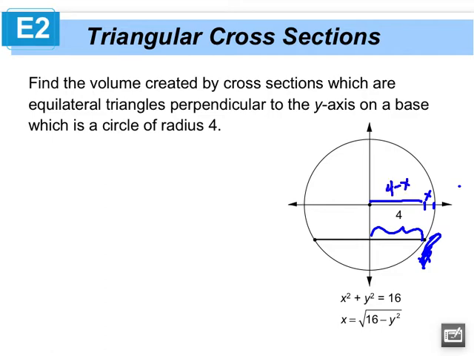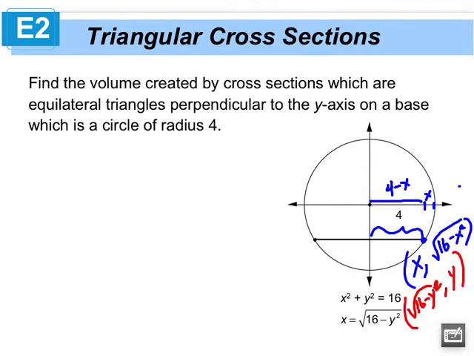Okay. Where is that point located? X comma what? Square root of 16 minus x squared. Or, where's that point located? Square root of 16 minus y squared, comma, y. Okay, you see what I did there?